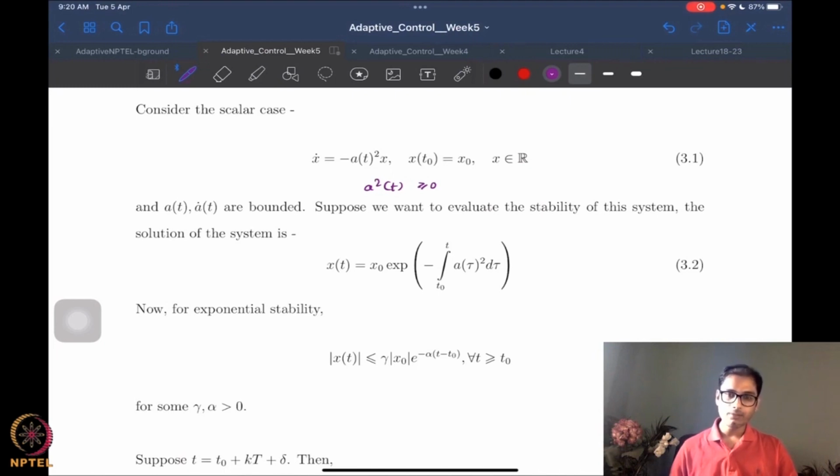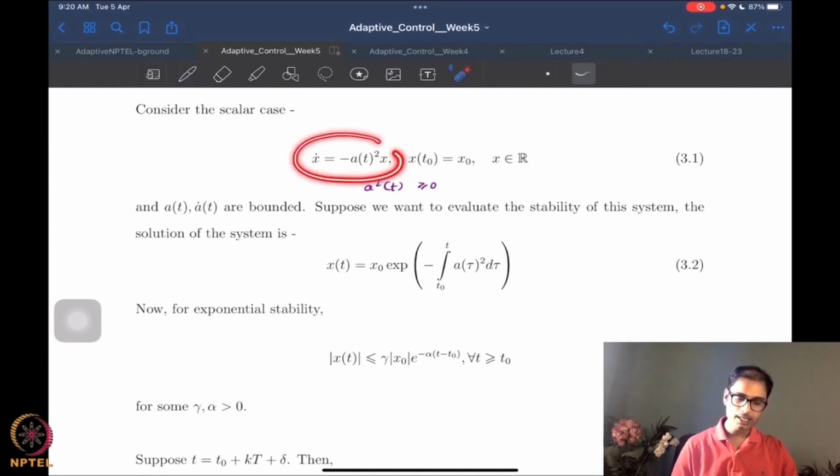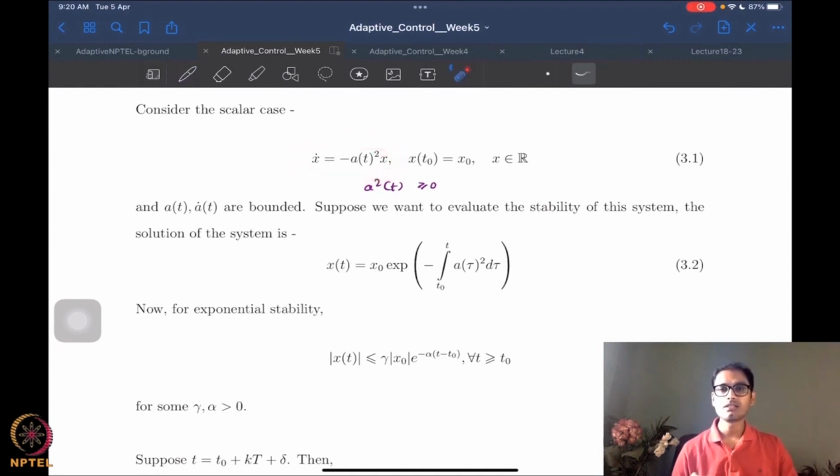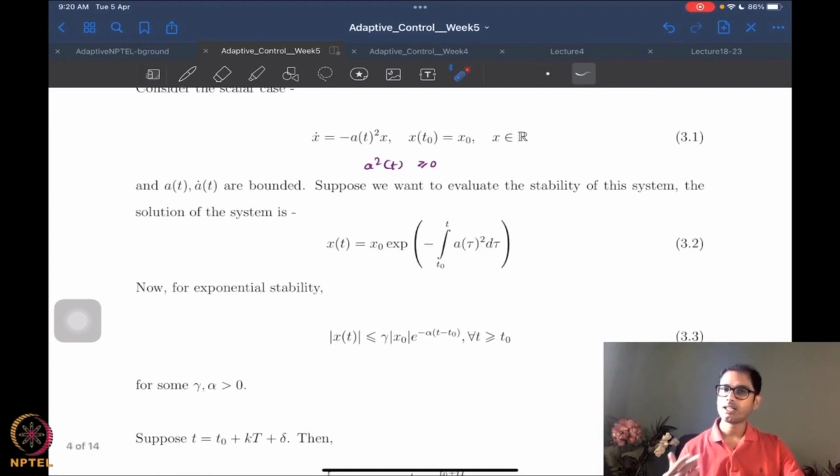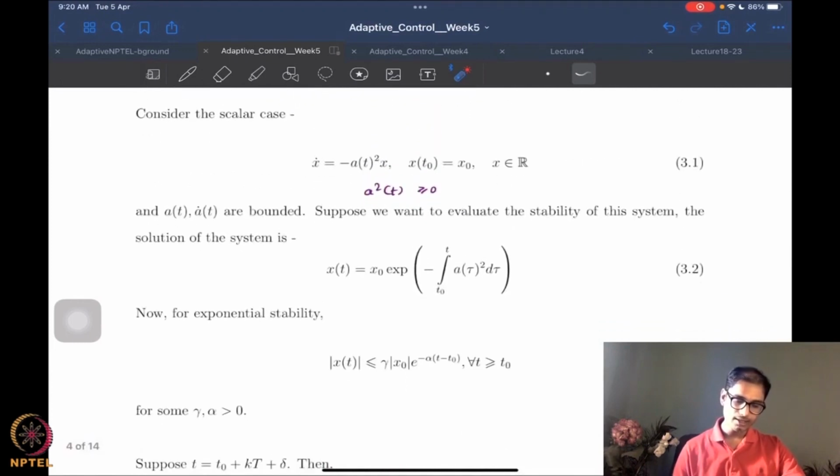If it was strictly positive, then claiming stability of this is not difficult. If A squared of t was in fact strictly positive, then claiming stability is rather easy, because I can simply bound it and then compute the integral and so on, and then I'll get a standard exponential stability result. But that is not what we are saying.